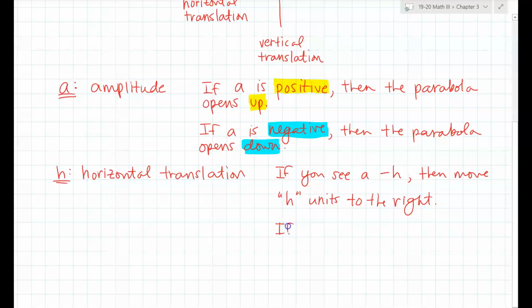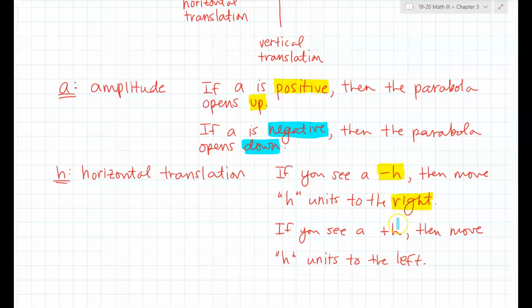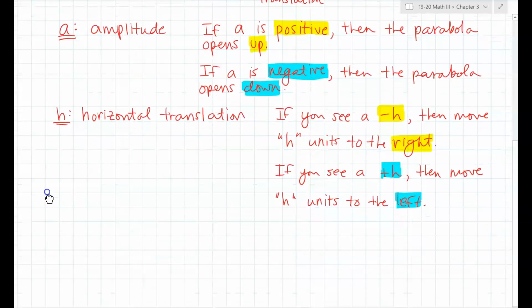And if you see a plus h, a positive h value, so like a plus 2, a plus 7, a plus 1, then move h units to the left. So again, this pretty much looks very similar to the stuff that we did with the absolute value. Hopefully it's ringing a couple little bells here, and you're thinking, oh, okay, I know what this is.